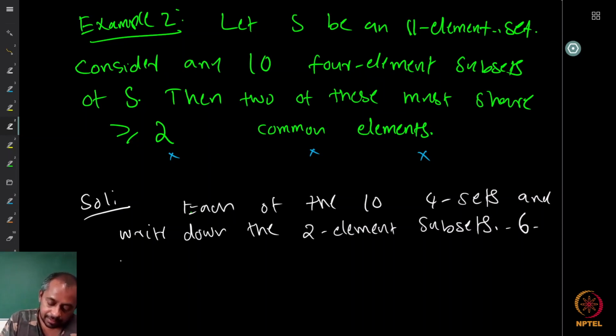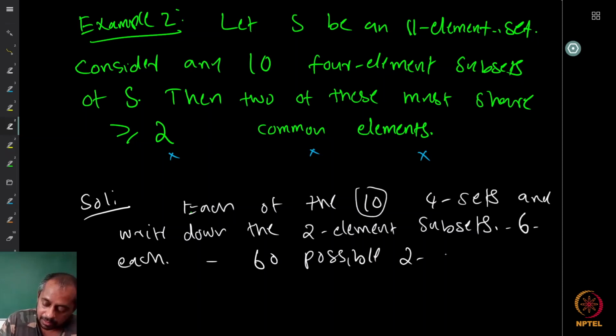So each 4 element set has 6 2 element subsets. Now there are 10 sets, so how many possible subsets? There are 60. So this gives 60 possible 2 element subsets.